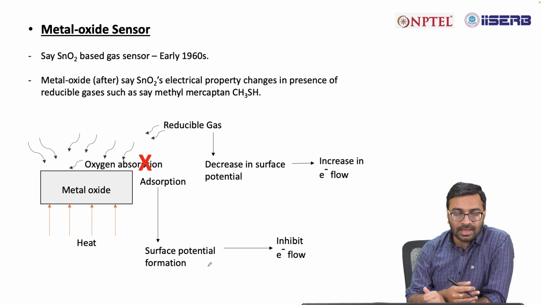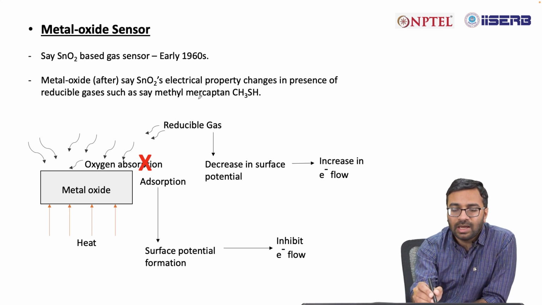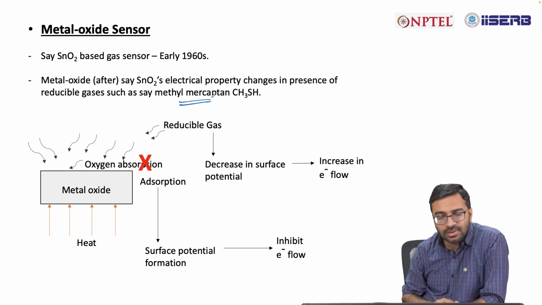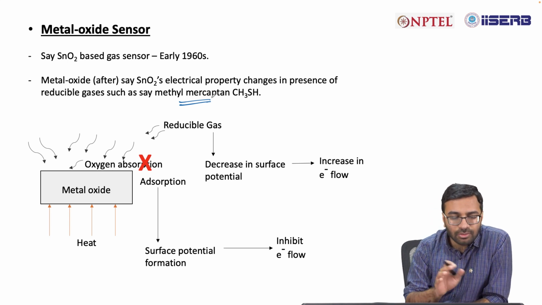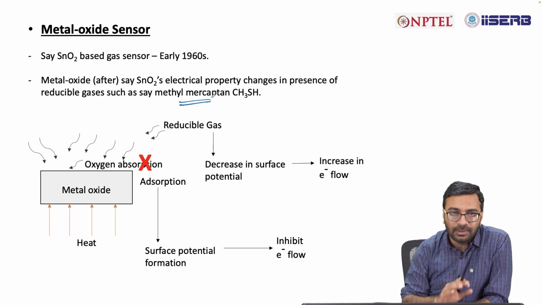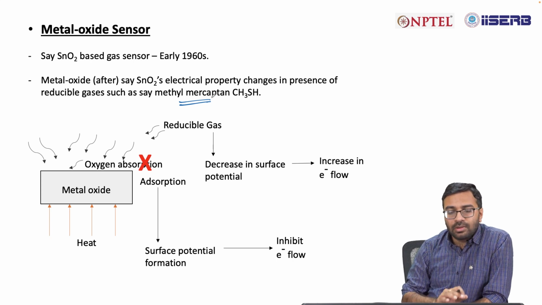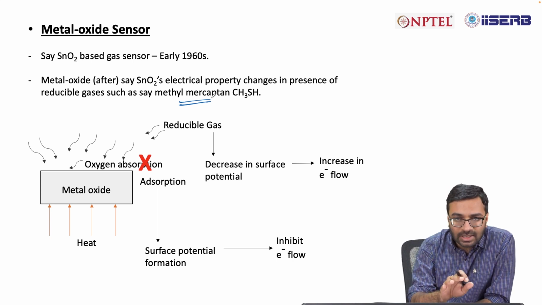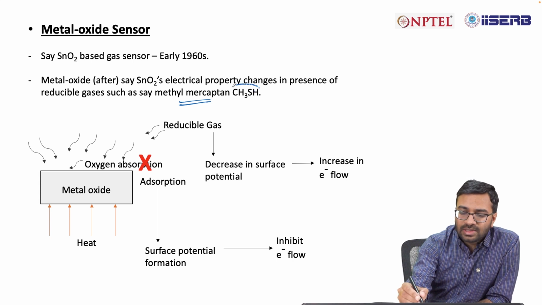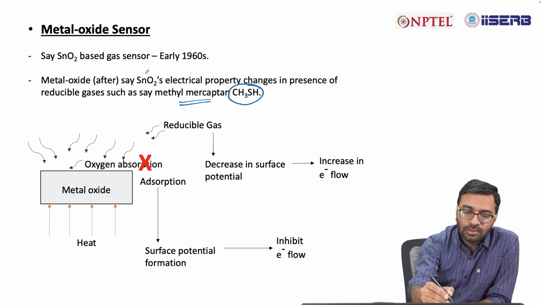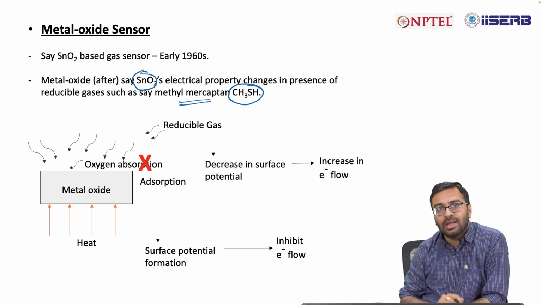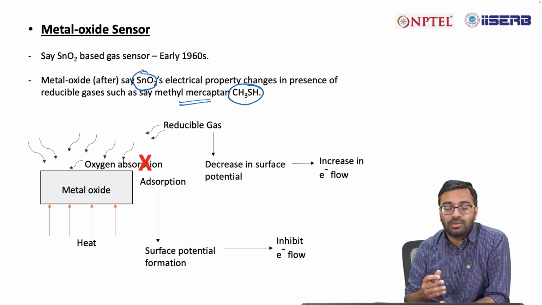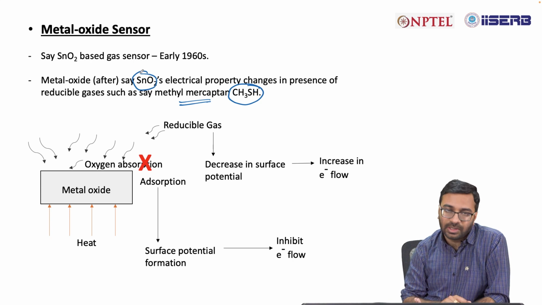That reducible gas could be methyl mercaptan. This is a gas that has a reducing property. Now the concept behind this sensing is this gas will reduce the oxide present in the active material, or here the oxide itself is the active material, right?